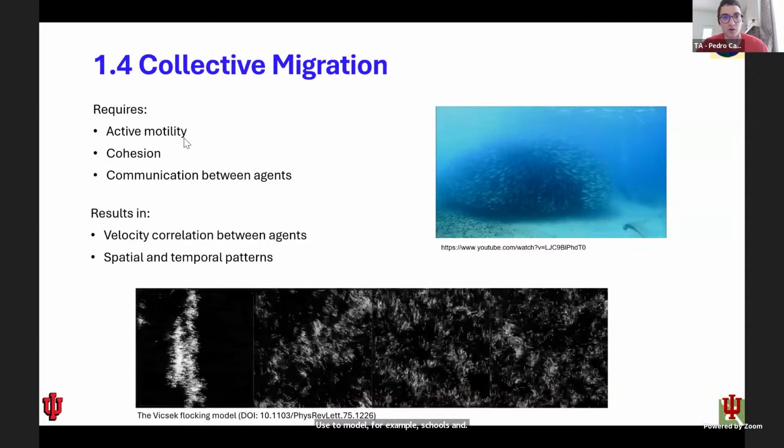Collective migration requires active motility and cohesion and communication between agents. You need to transmit information between agents so that speed and velocity, I should say, can correlate between each other. Cohesion can be achieved via adhesion forces, for example, and active motility can be achieved via forces.